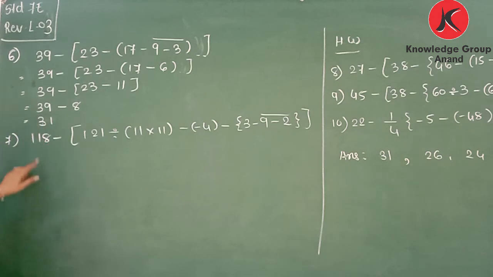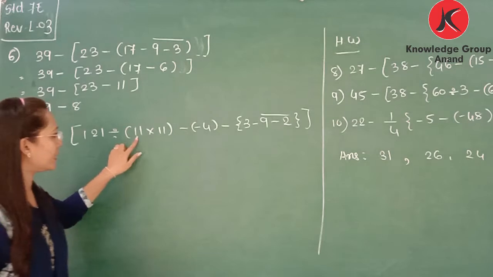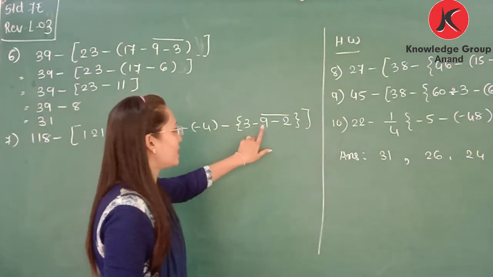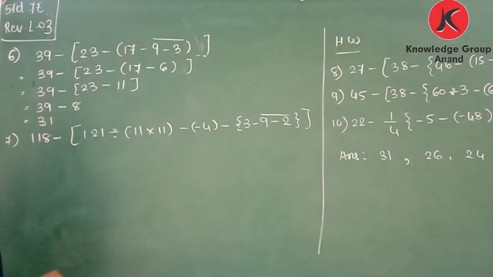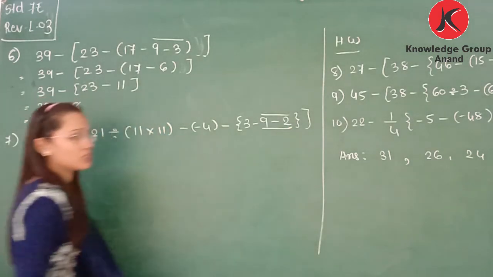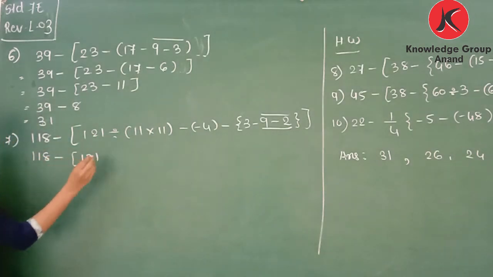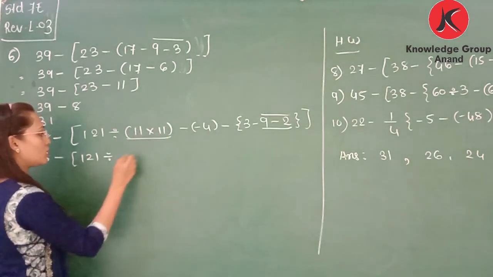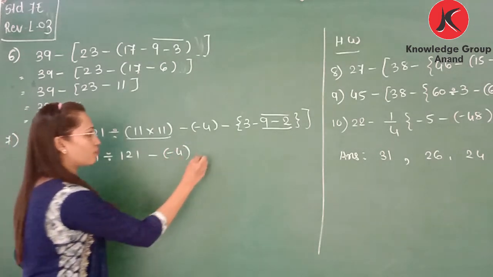Now the next one, 118 minus 121 divide 11 multiply 11 minus 4 minus 3 minus 9 minus 2 brackets. So here first of all we solve this first. There is also a bracket, so solve this bracket first. 11 into 11, 121 minus 4 as it is, divide.